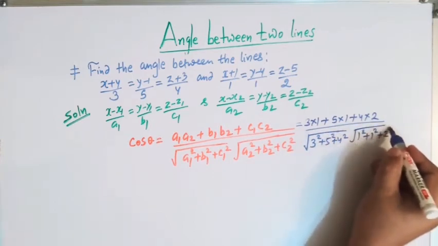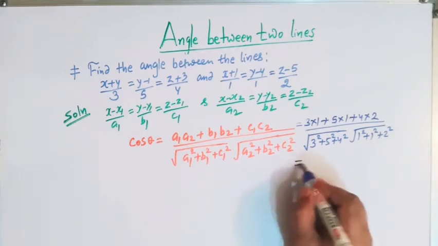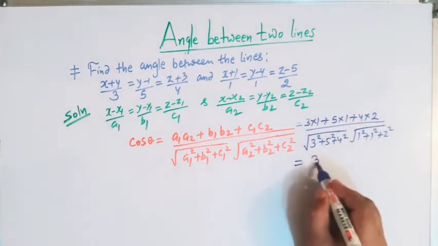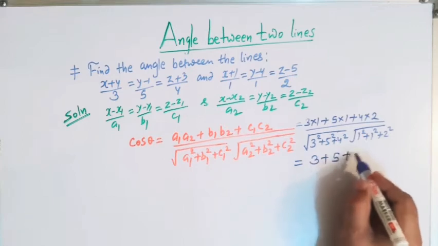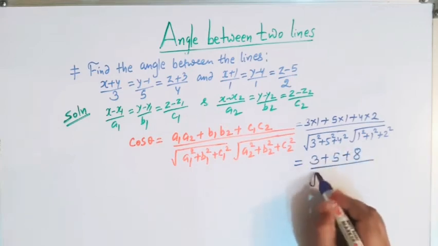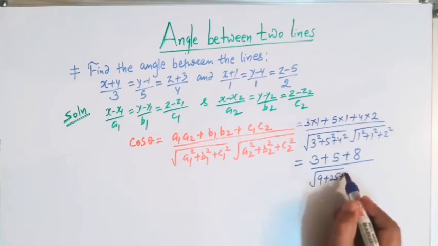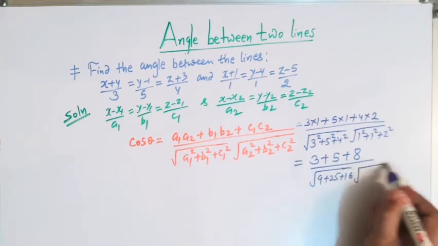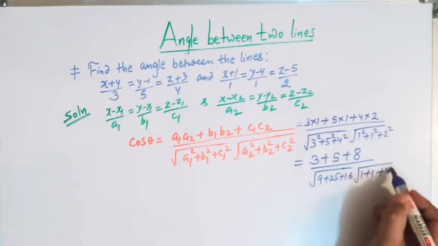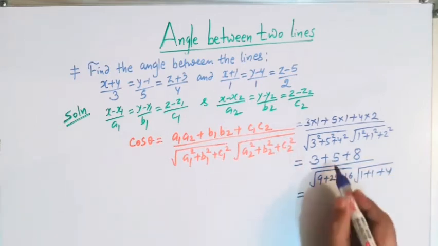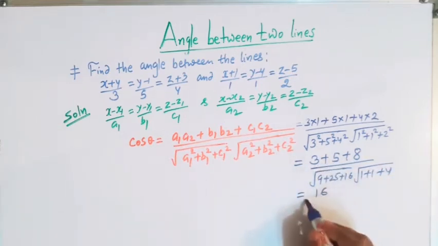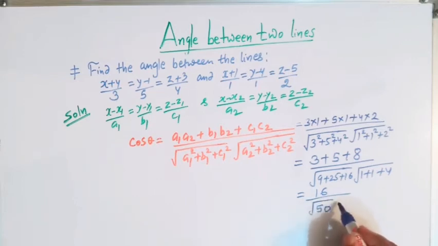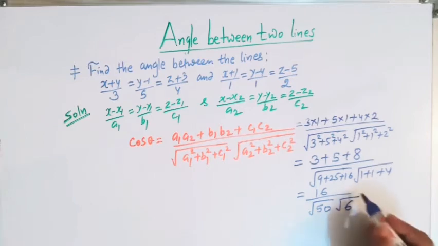Now simplifying this expression, we have 3 plus 5 plus 8 divided by this is 9 plus 25 plus 16, and this is 1 plus 1 plus 4, right? Now this is 16 divided by root 50 multiplied by square root of 6, right?